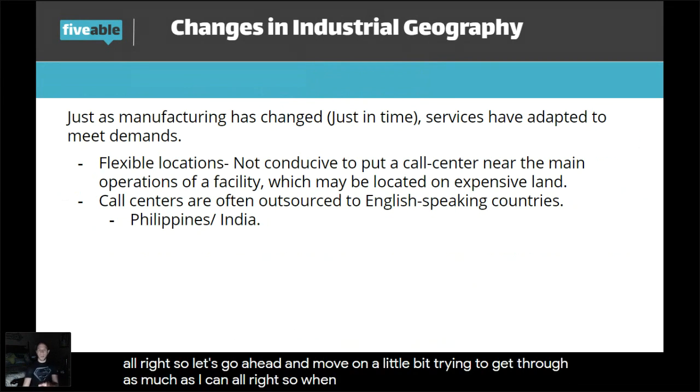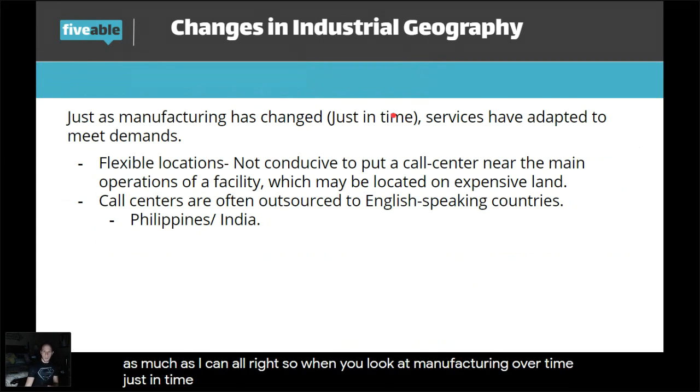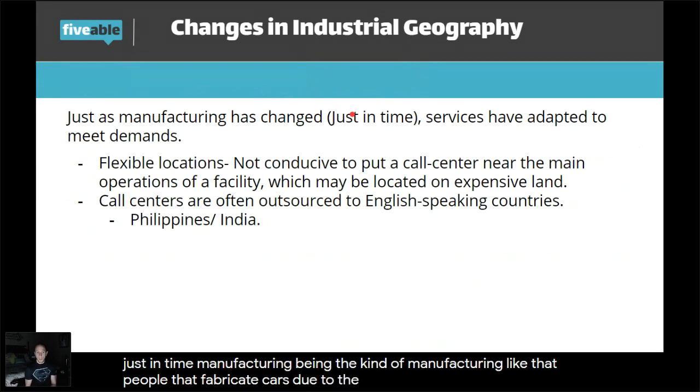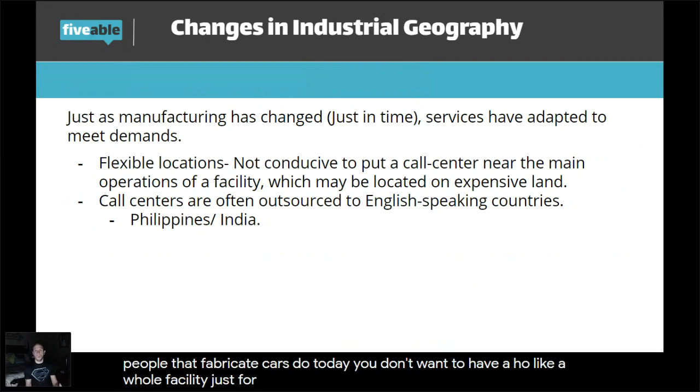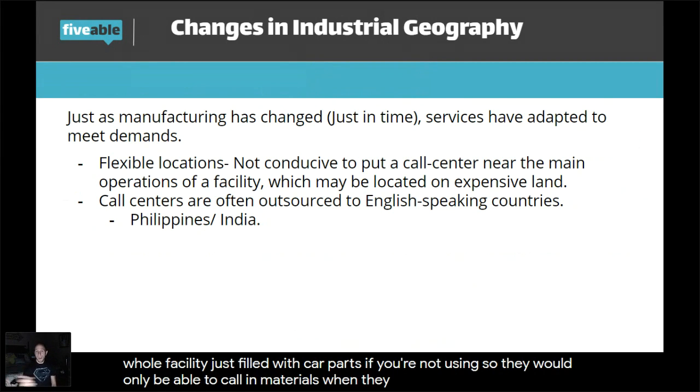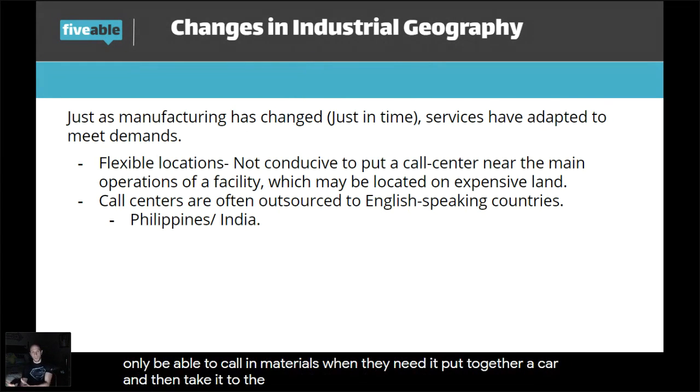When you look at manufacturing over time, there's just-in-time manufacturing, the kind of manufacturing that people who fabricate cars do today. You don't want to have a whole facility just filled with car parts that you're not using. So they call in materials when they need them, put together a car, and then take it to the dealership based on what the dealership says they need in order to fulfill consumer demand.